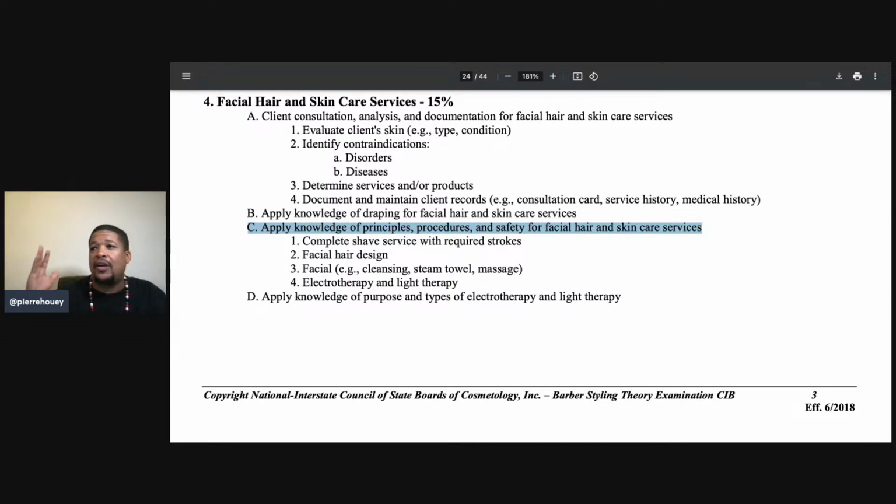Signing up for the test, what you need for the test, how much the test costs, the procedures of the test, the CIB itself, that's in there. All of this stuff is part of the handbook. Like I said, PCS is my favorite one to reference because they don't leave anything out. It's 44 pages.